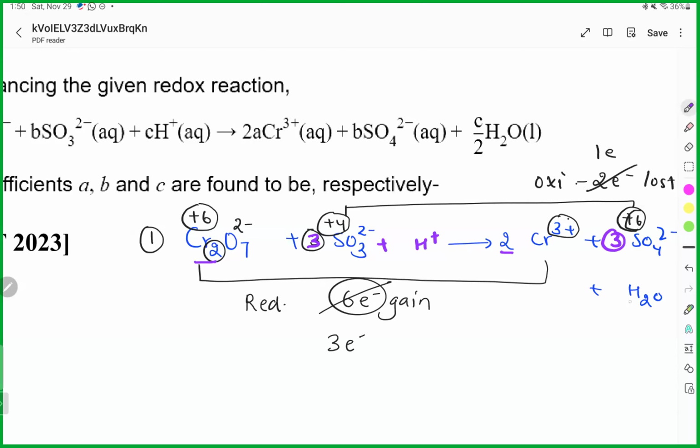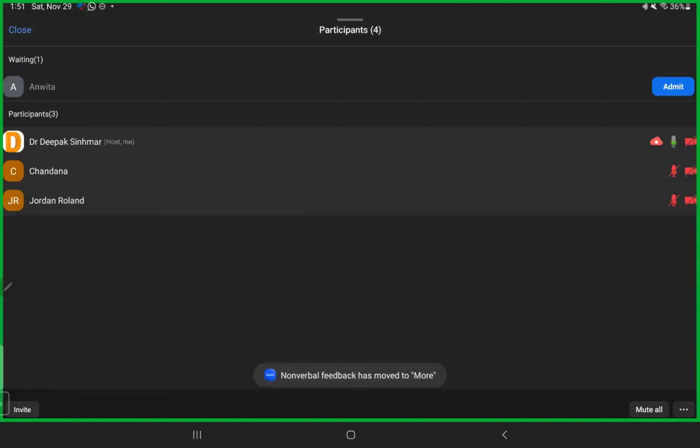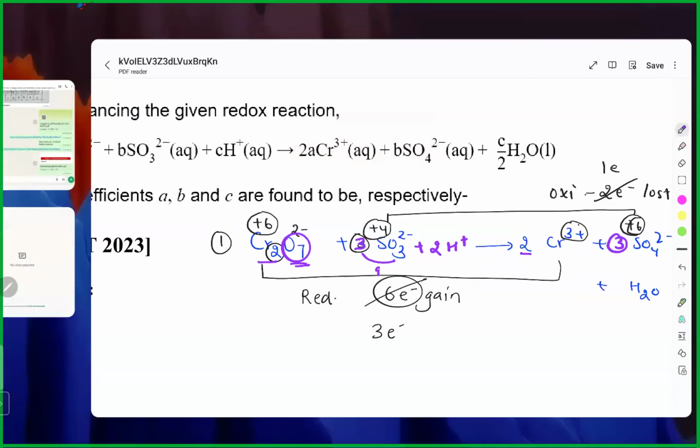Hydrogen: on the right hand side 2, on the left hand side 1, 2. Oxygen in this: 7 and 9, how, sir? 7 in this, and here one SO3 molecule has 3, and 2 of them... 3 molecules will have... SO3 has how many? 9. 3 times 3 is 9.